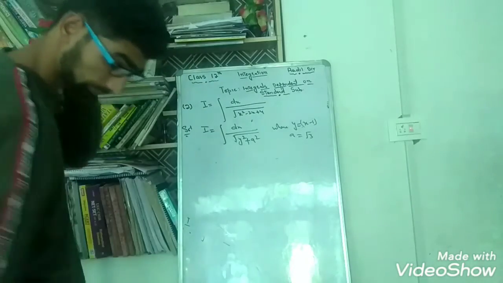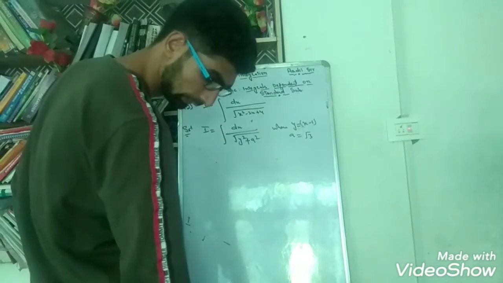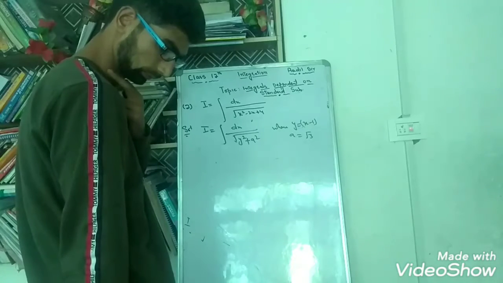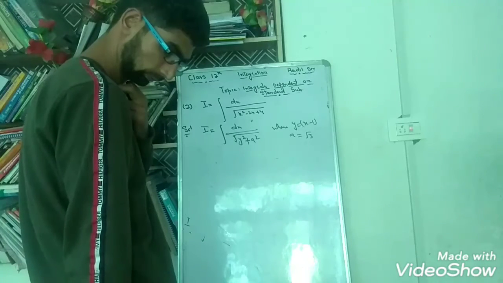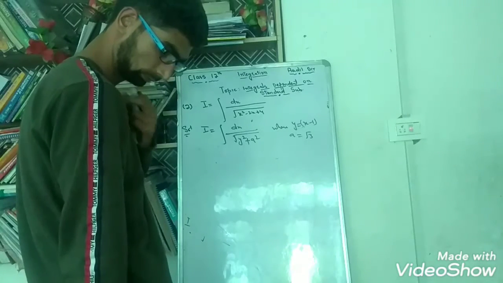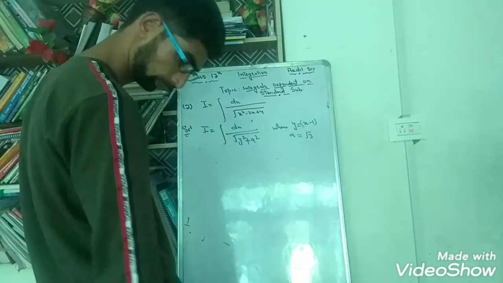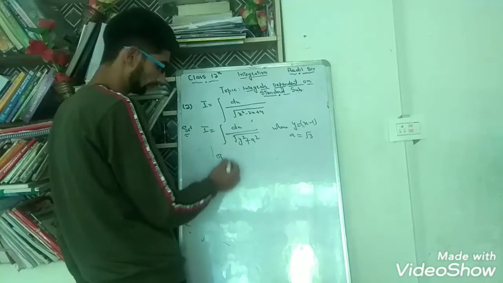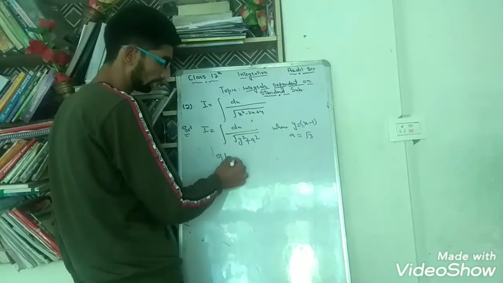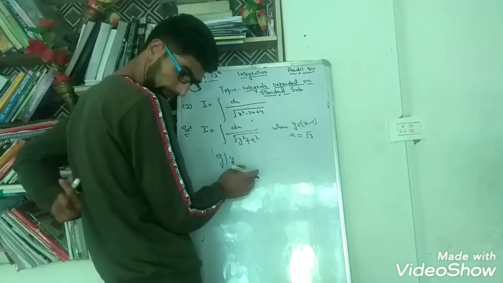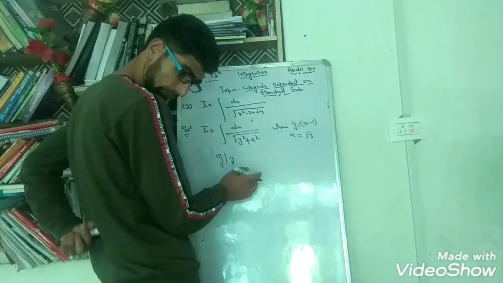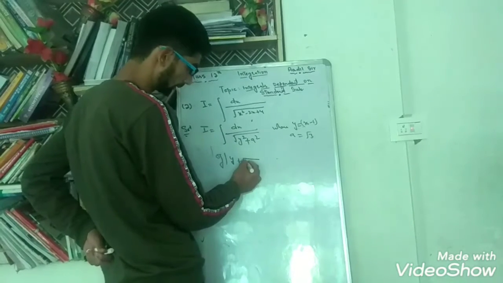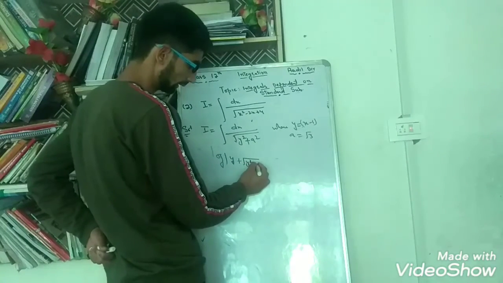So that is equal to, beta, log of y plus under root of y square plus a square plus c.